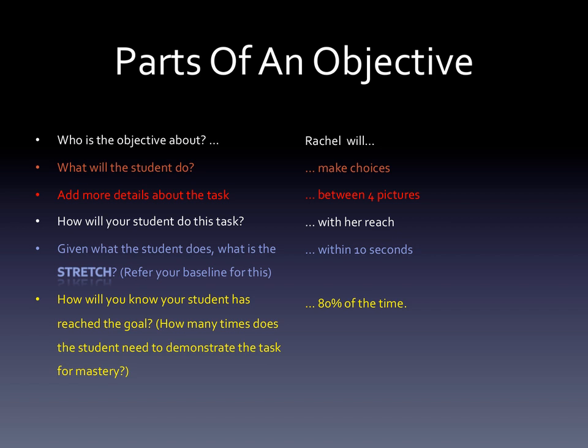So perhaps this is a stretch. Lastly, we need to include how many times the student should demonstrate this skill in order for us to consider a level of mastery. I usually find that 80% accuracy is acceptable for many teams, and it allows for students with severe disabilities to have their off days.